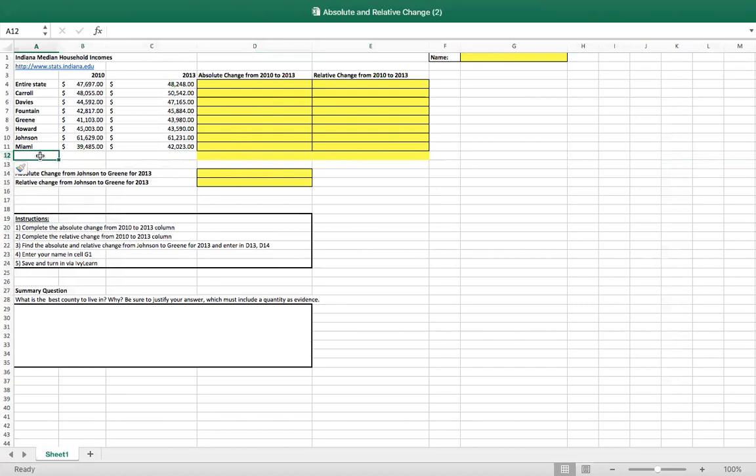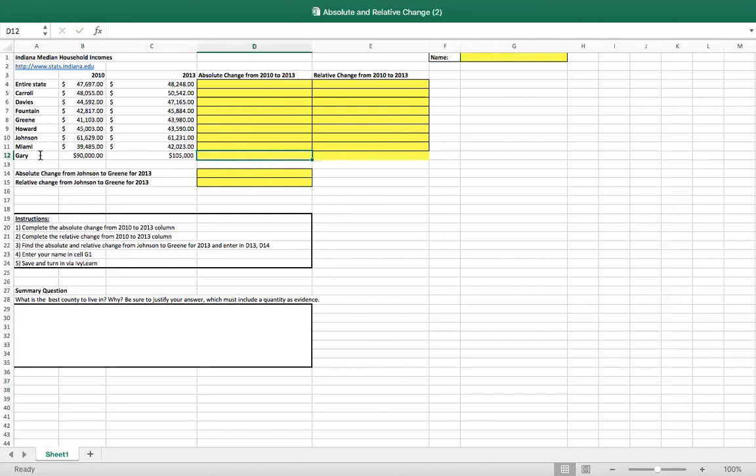Let's just say we're looking at Gary, and I'm going to make up a number here. People are making $90,000 in Gary. That was in 2010, and now in 2013, they're going to be making $105,000.